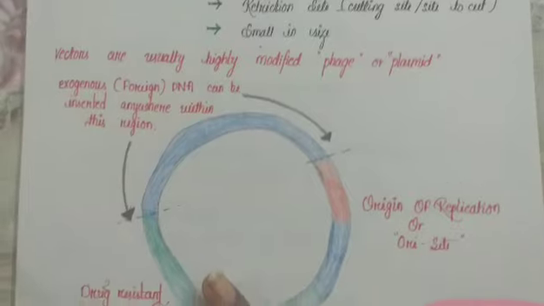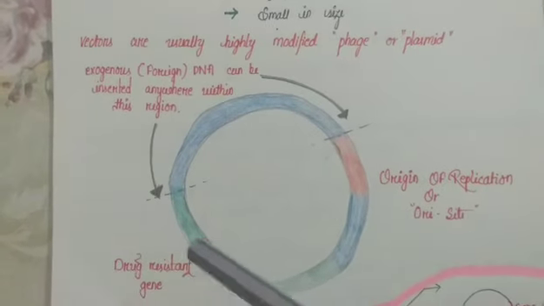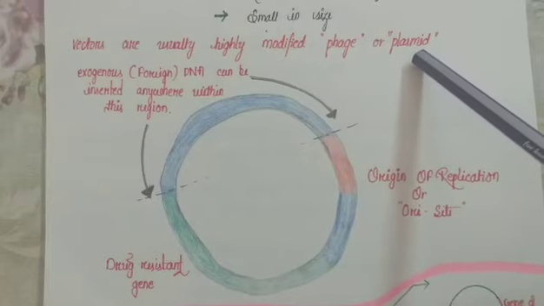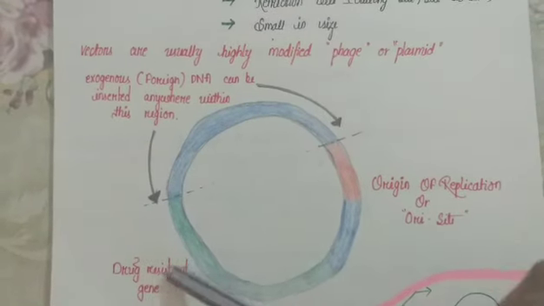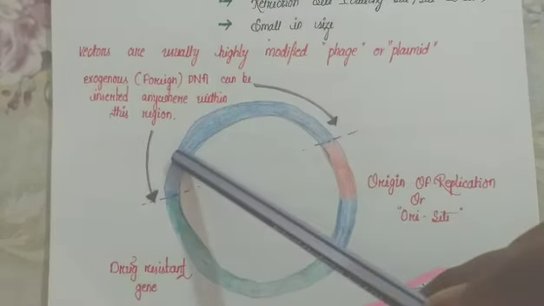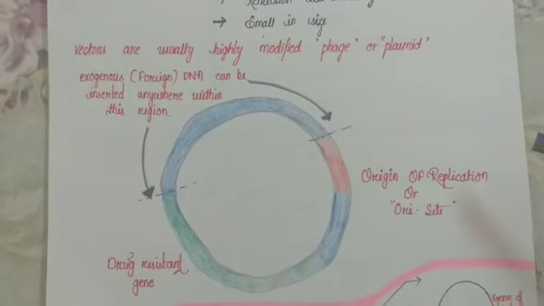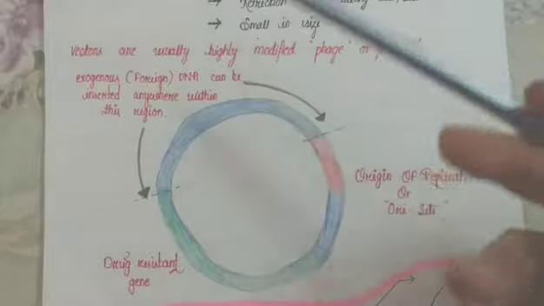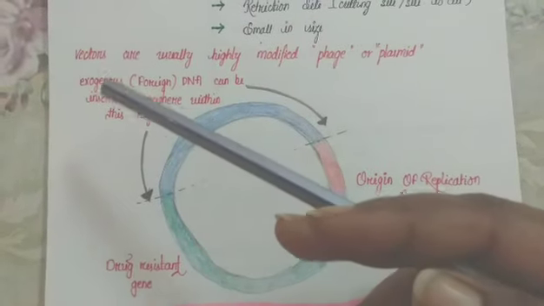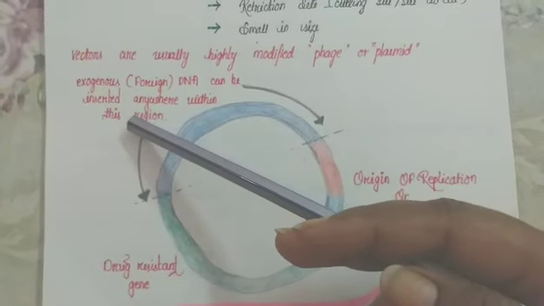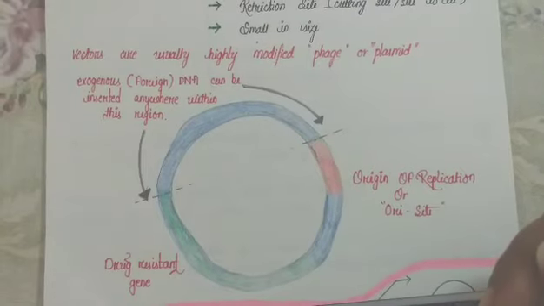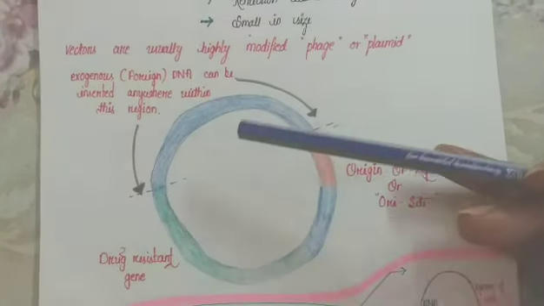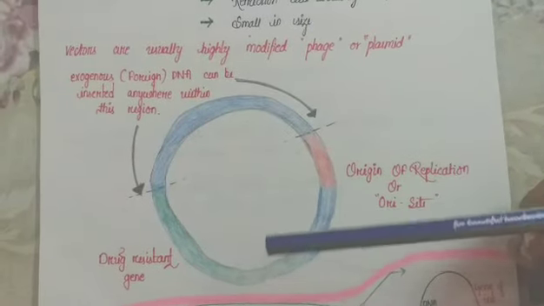For now, vectors are usually highly modified phages or plasmids. Phage means bacteriophage. Bacteriophages are usually taken as vectors.